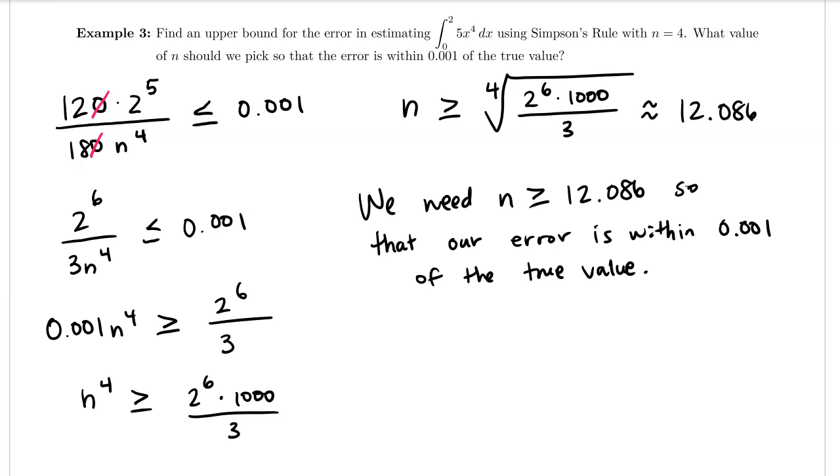And remember, n has to be even, and so really the smallest n could actually be, because we also need n to be an integer, is going to be 14, since 12 wouldn't work because it's not larger than this decimal here.